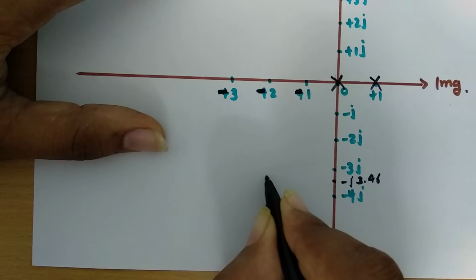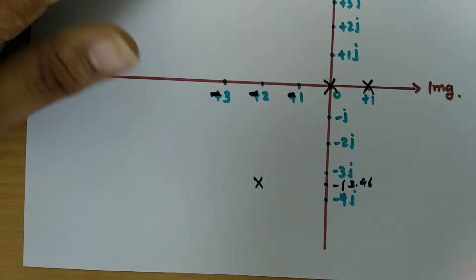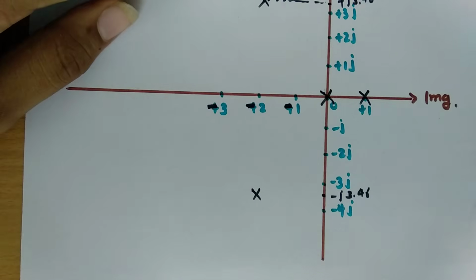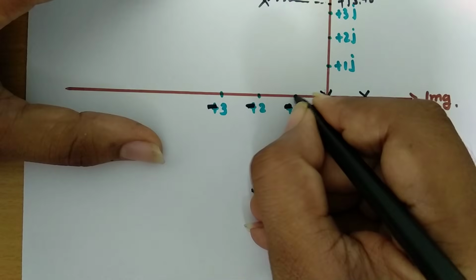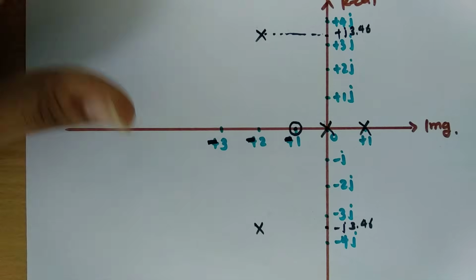So based on that, the pole is over here somewhere, and the zero in this equation is at minus 1. So I will be placing the zero at minus 1.